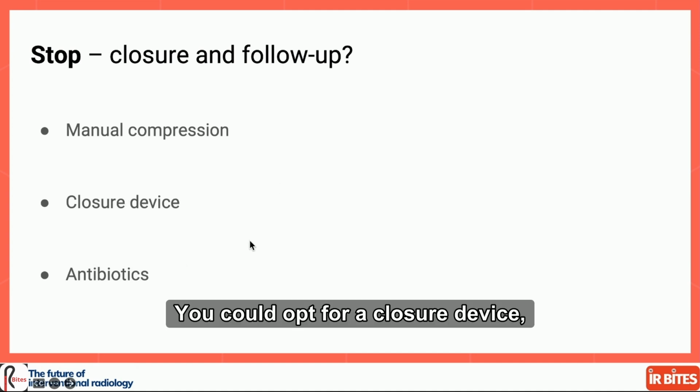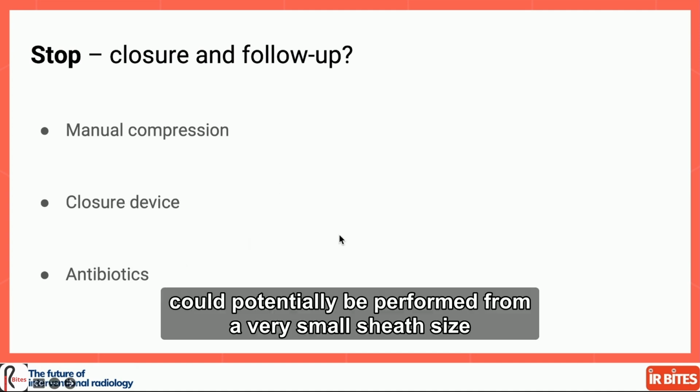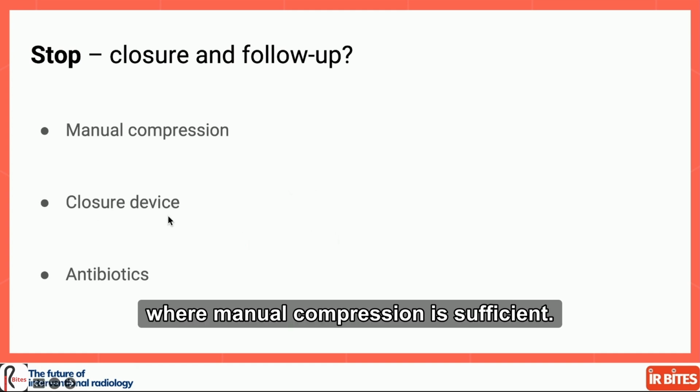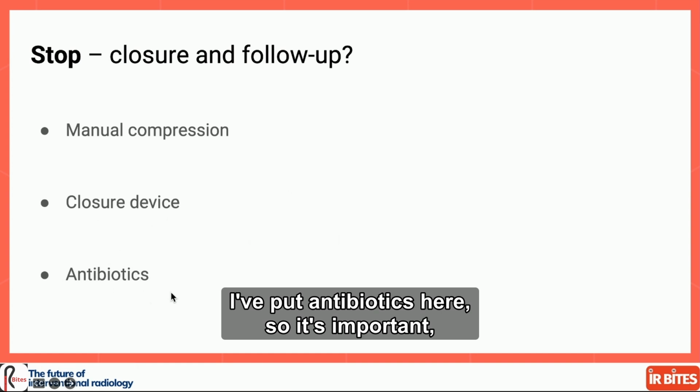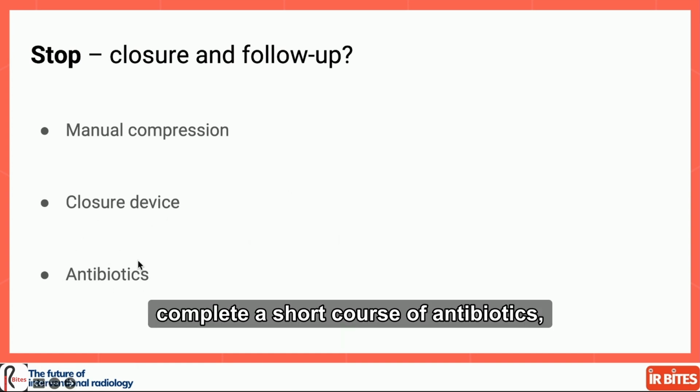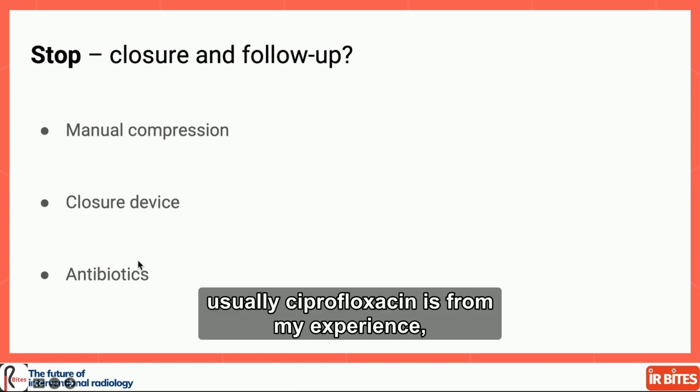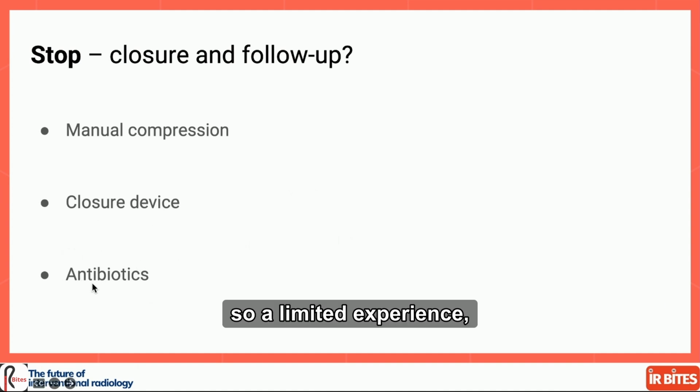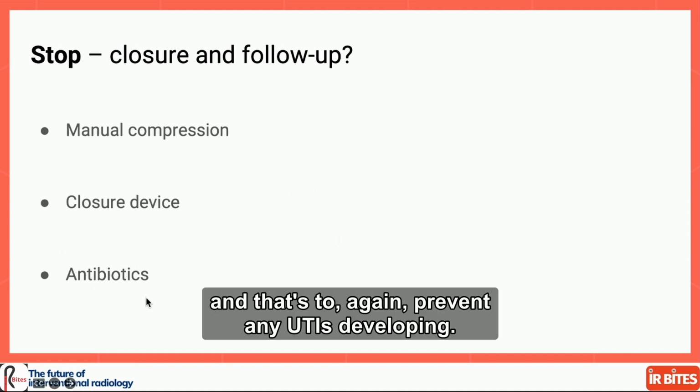You could opt for an occlusion device, although prostate artery embolization could potentially be performed from a very small sheath size where manual compression is sufficient. I've put antibiotics here, so it's important to complete a short course of antibiotics, usually ciprofloxacin from my limited experience, to prevent any UTIs developing.